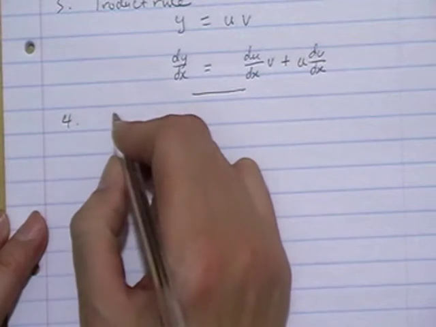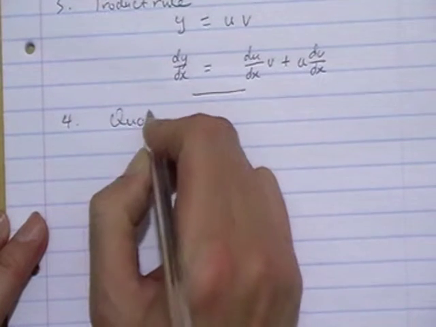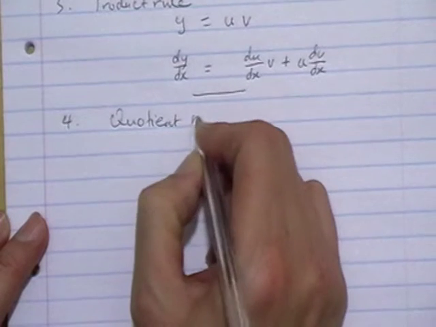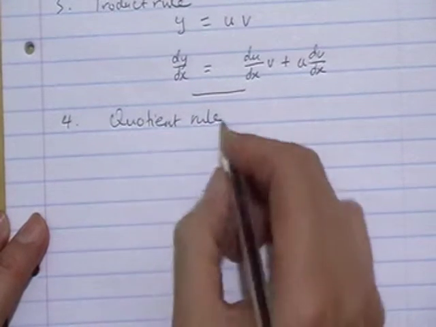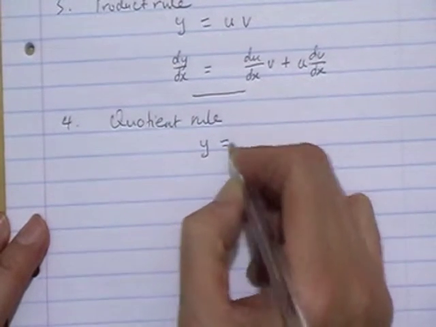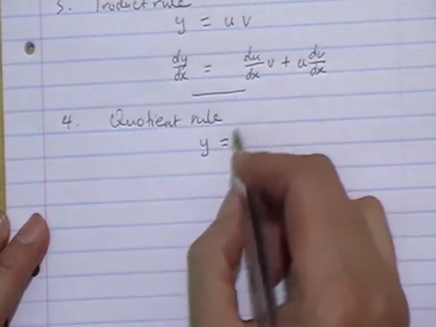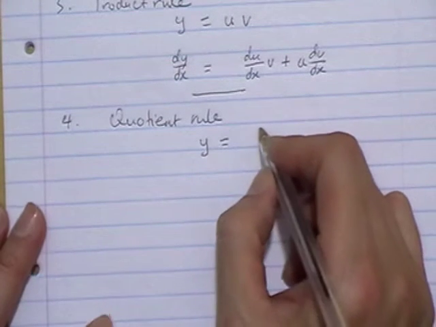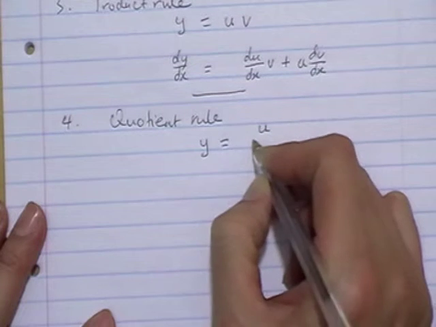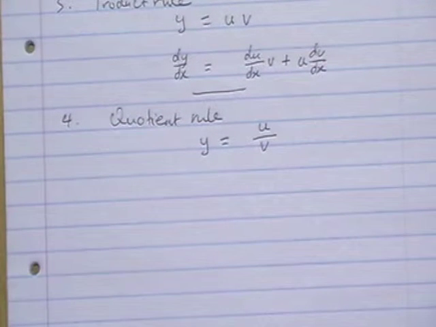Part 4 is the quotient rule. In this case, suppose that we have a function y, which is the function u divided by another function v.